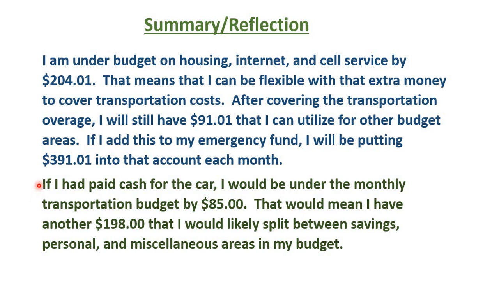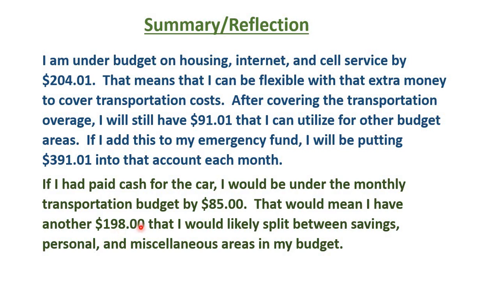And then I thought, you know what, if I had the cash sitting around, then I could have just paid cash for the vehicle, which meant I would be $85 under budget in that department because I wouldn't have to pay that extra $198.